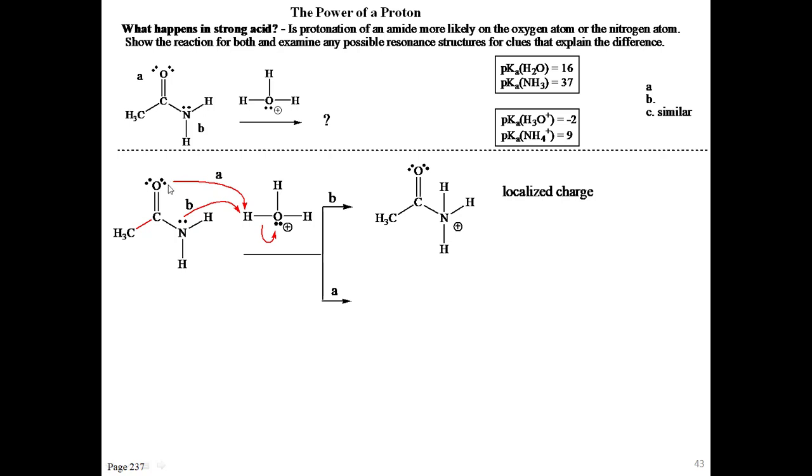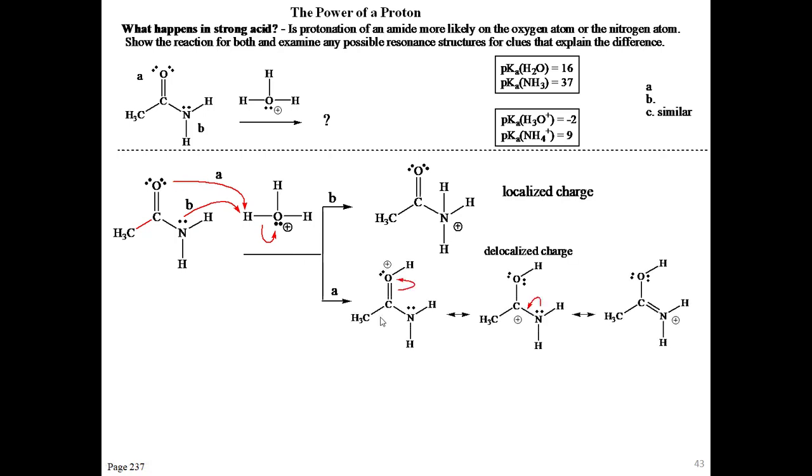But now let's look at the product from using the oxygen lone pair. So if I use the oxygen instead, put the proton here, I have a plus on the oxygen. But remember, this is a carbonyl pi system. We can push the electrons to the oxygen, and I have no plus on the oxygen, it's on the carbon. But remember, the carbon, without any electrons, is next to the nitrogen lone pair, and the nitrogen can donate in and share its electrons.